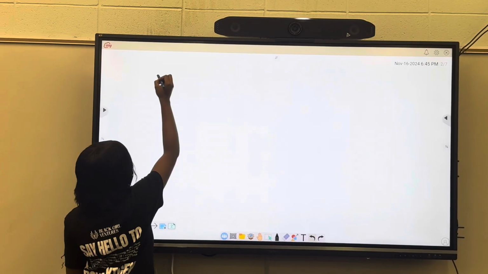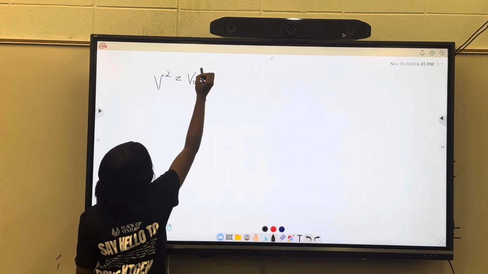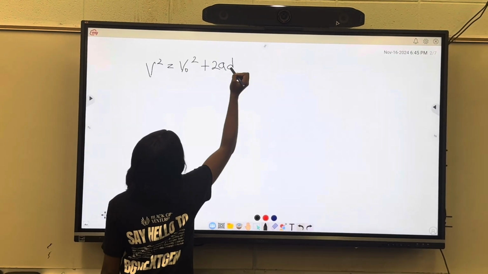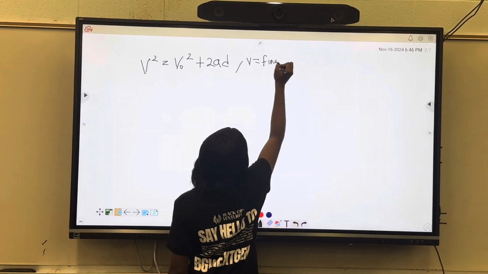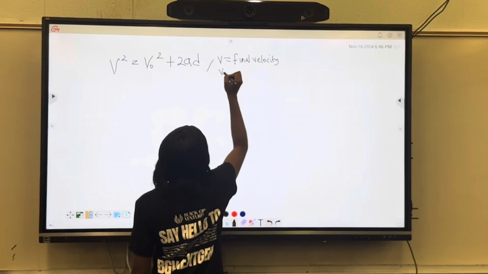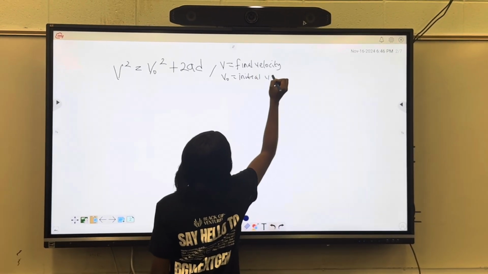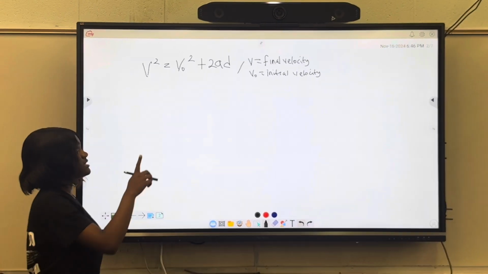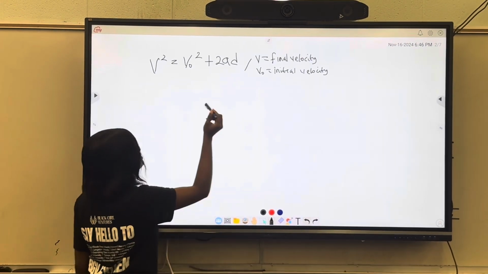We can use an equation of motion that says v squared equals v naught squared plus 2AD, where v is the final velocity, v naught is the initial velocity, A is acceleration and D is the distance.